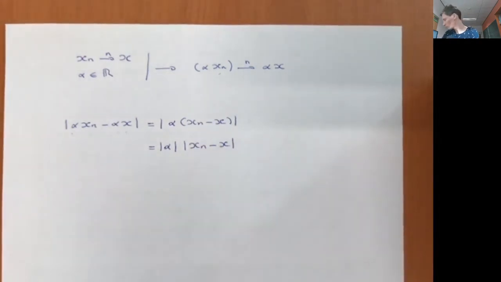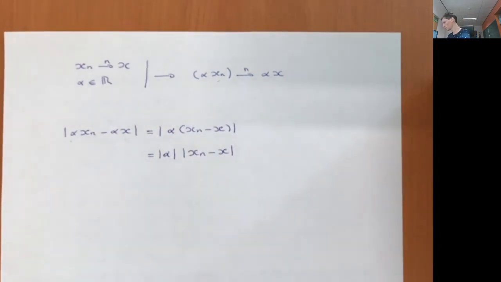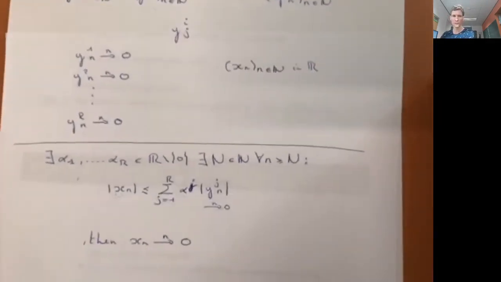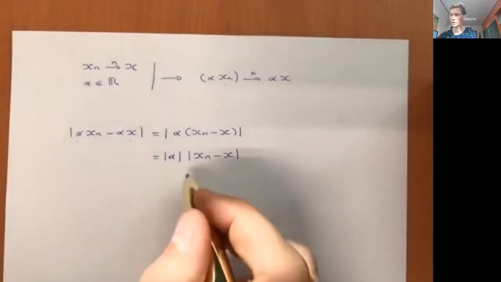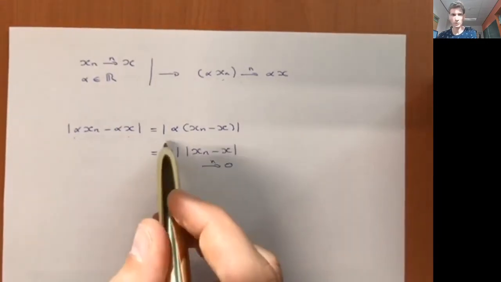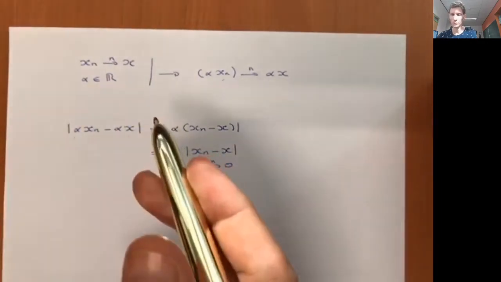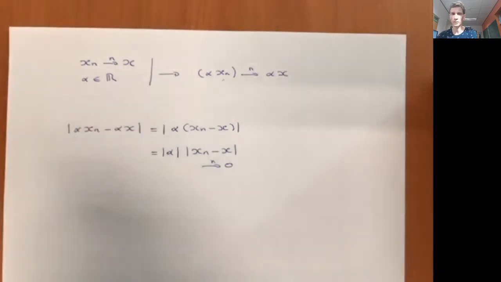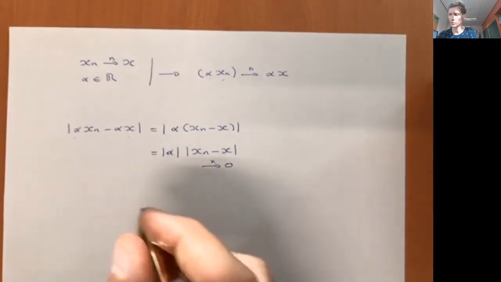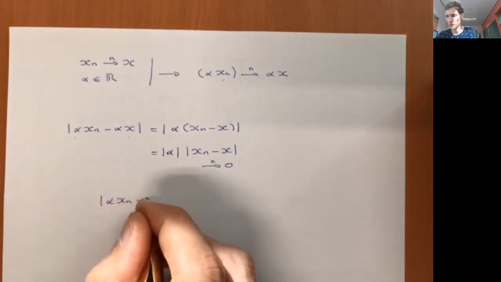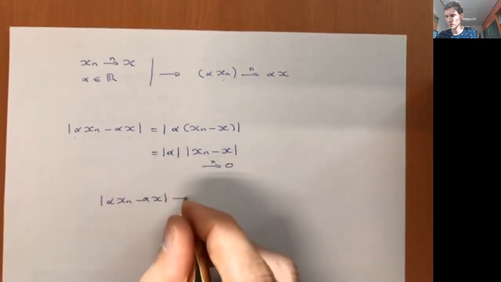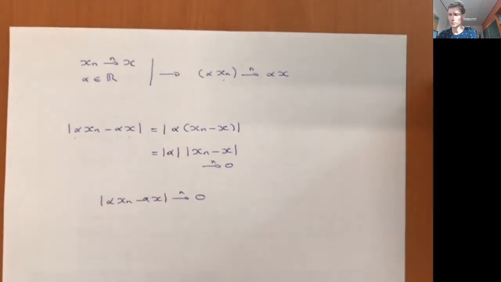And you can use the convergence lemma. So what do we need? We need a weighted sum of sequences that converge to 0. Here we have a sequence that converges to 0 multiplied by some number, and an equal sign is also a less than or equal sign, so this is okay. We can use the convergence lemma to show that alpha xn minus alpha x converges to 0.